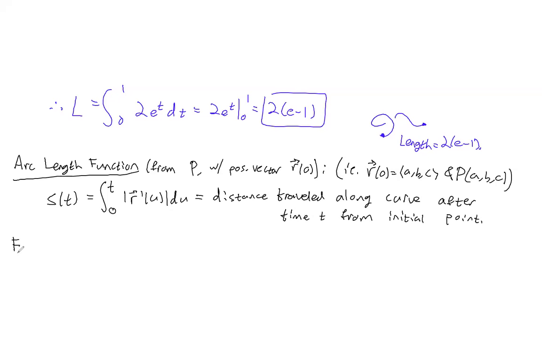So let's return to our example from before. Our example from before was R of t. R of t was e to the t sine t i plus e to the t cosine t j plus root 2 e to the t k.